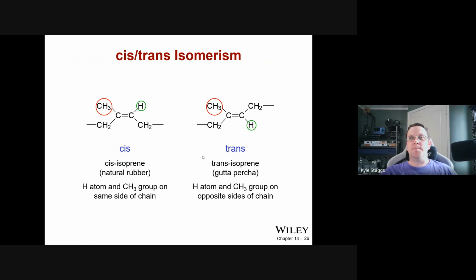So when everyone's talking about the great low fat versus high fat debates and all of the dietary things that have gone into that for decades, cis and trans in that context mean that you're going to have some examples where it's cis.